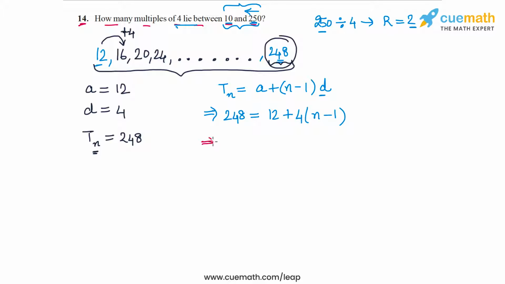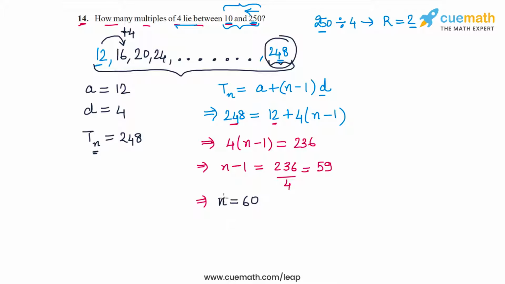Now let's simplify. So we get 4 times (n minus 1) is equal to 248 minus 12, so that's 236. This means that n minus 1 is equal to 236 by 4, which is equal to 59. Okay, so n minus 1 is equal to 59, and this means that n is equal to 1 plus 59, or n is equal to 60.